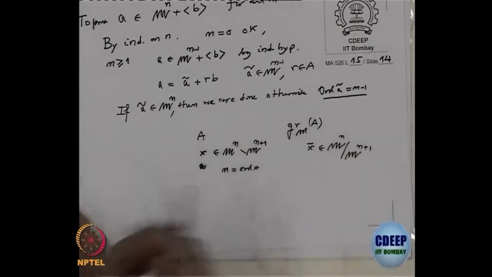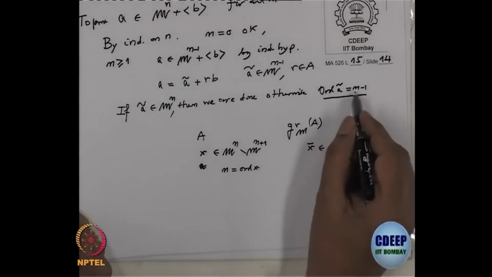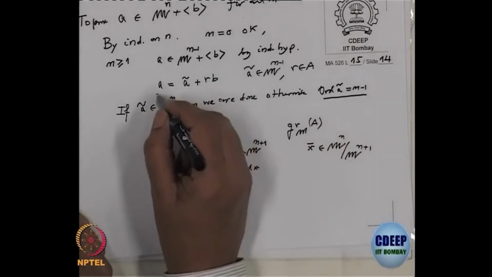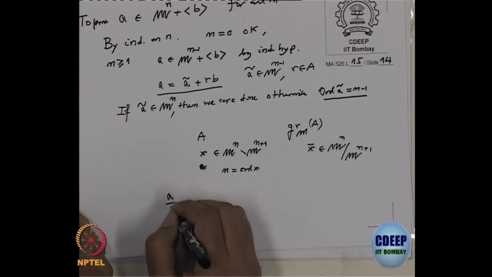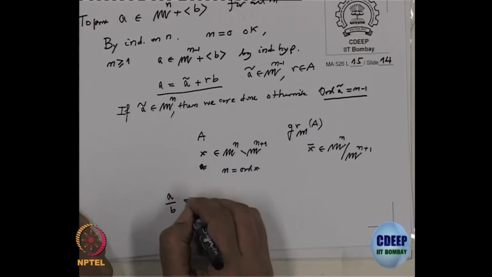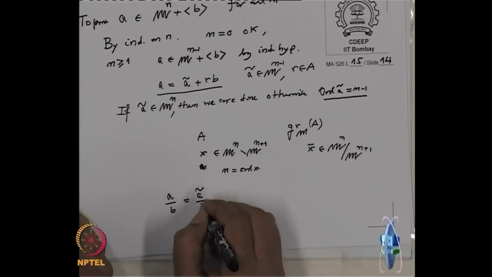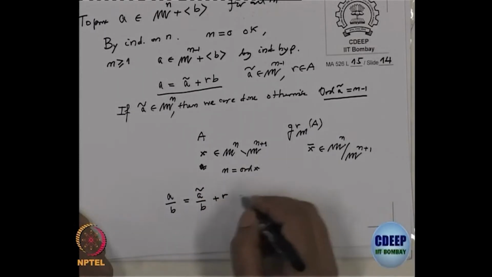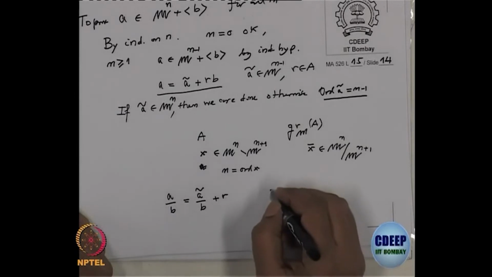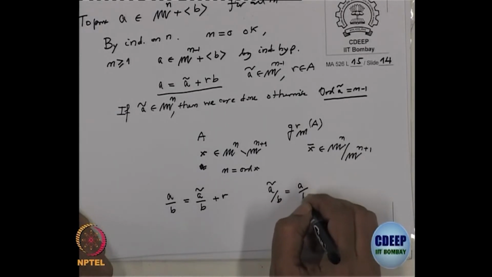Okay, in that case what happens? Now, look at this equation and divide this equation by b. That means a by b will be equal to a tilde by b plus r, but this is the same as saying, rewrite it, a tilde by b equals a by b minus r.